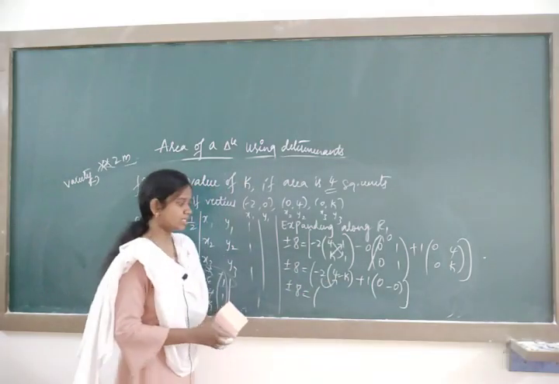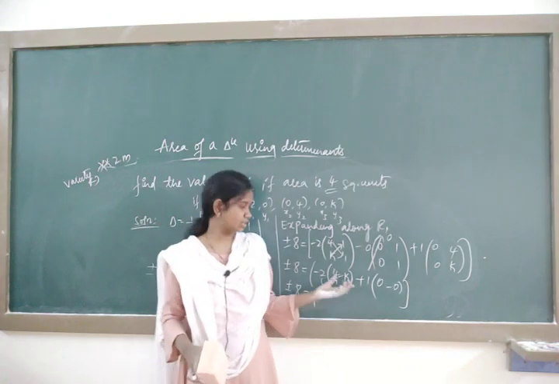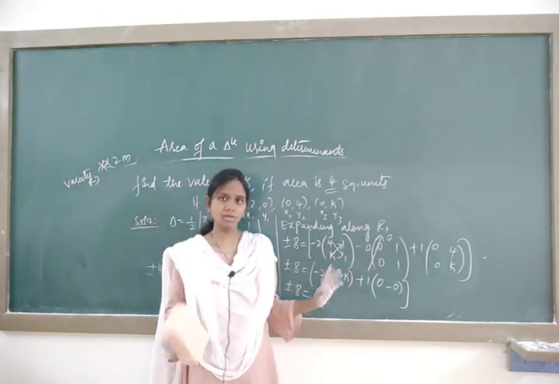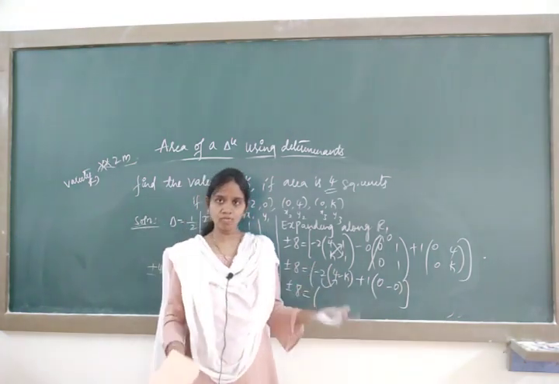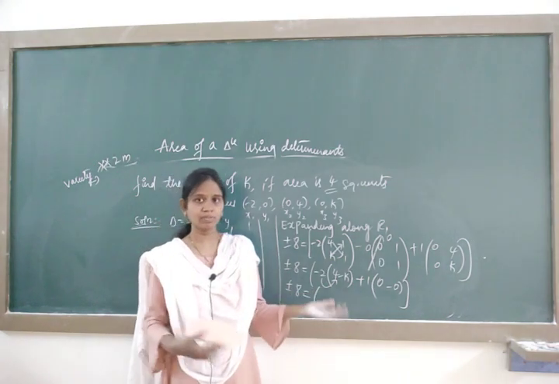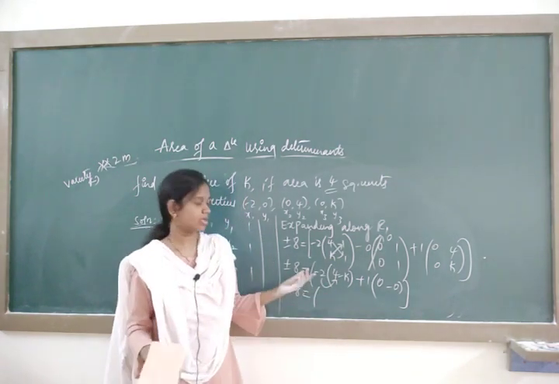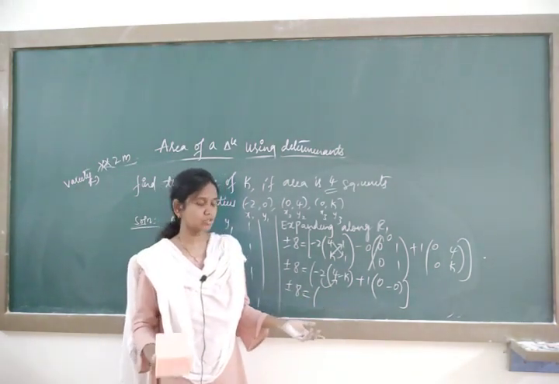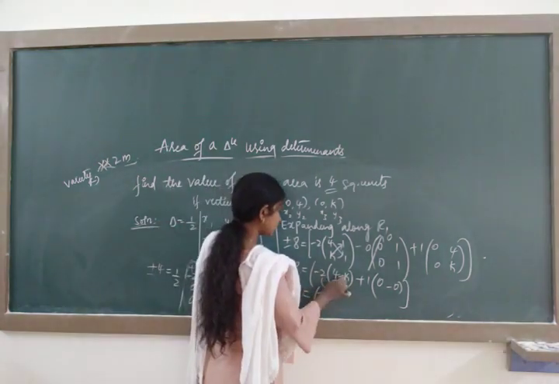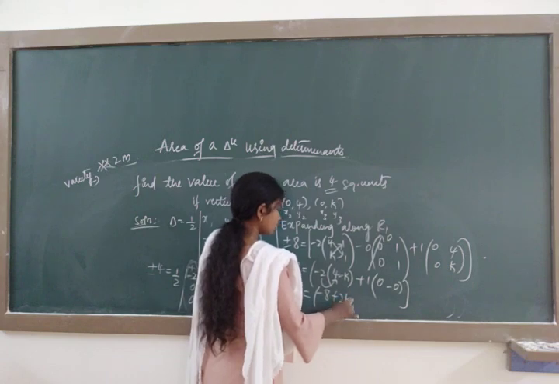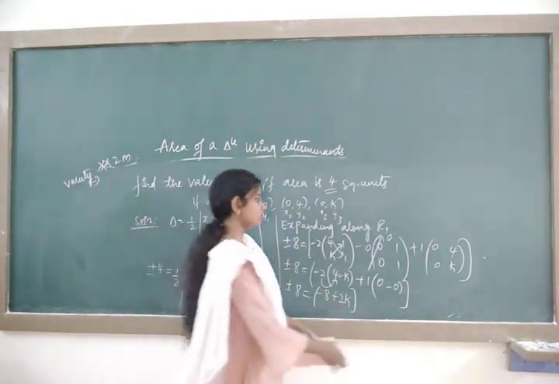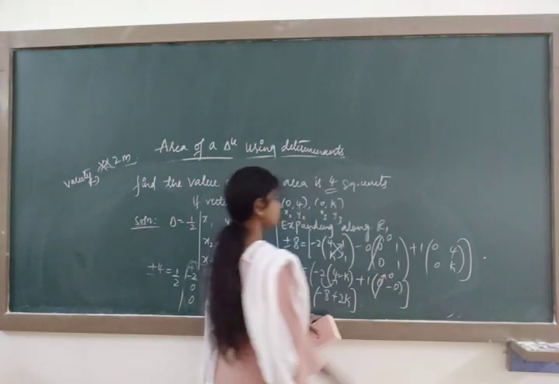You can't treat this one as 4k because it's a term, not a factor. It's 4 minus k. You have to take the 2 separately for 4 and separately for k along with the sign. If it is plus 2, you have to take plus 2 inside. If it is minus 2, you have to take minus 2. Now here it's minus 2. Take minus 8, minus into minus plus 2k. And this value will again be neglected: 0 minus 0 is 0, 1 into 0 is 0.